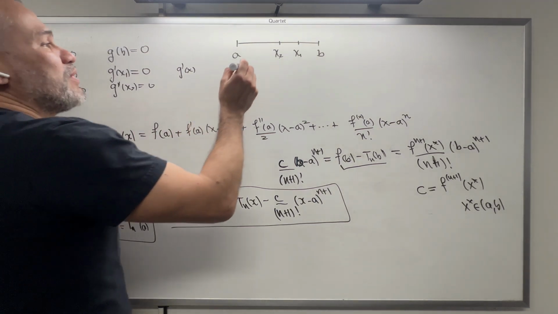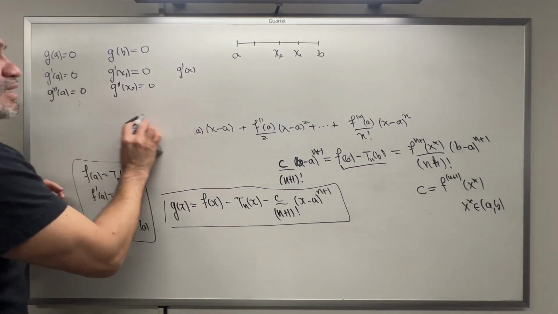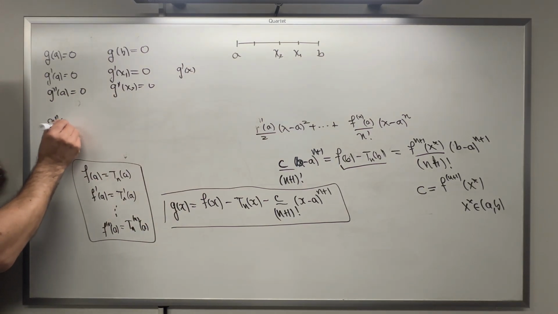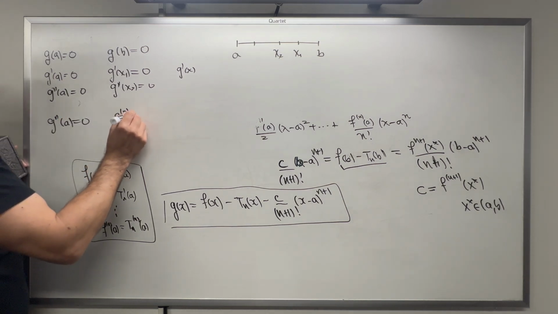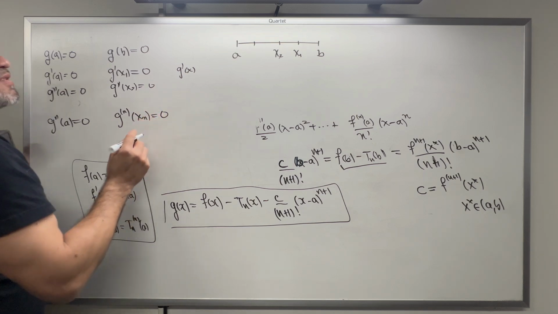Then if we continue with this argument, we will end up with this: the nth derivative at a is equal to 0, and the nth derivative at some point xn is also 0.